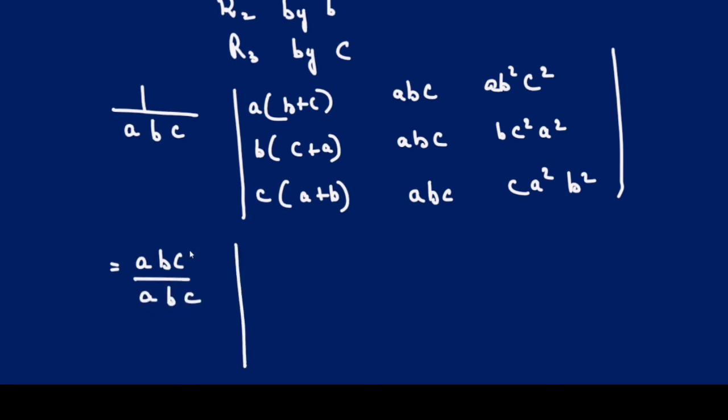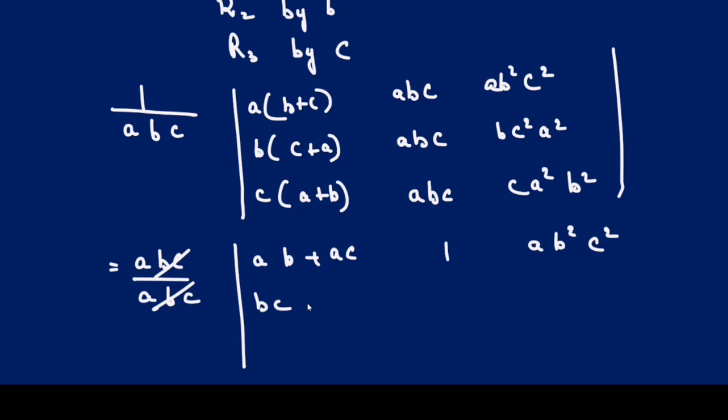Now you can cancel. ab plus ac, here 1. Here ab, b square, c square. This is bc plus ab. This is 1. This is b, c square, a square. ca plus abc, 1.